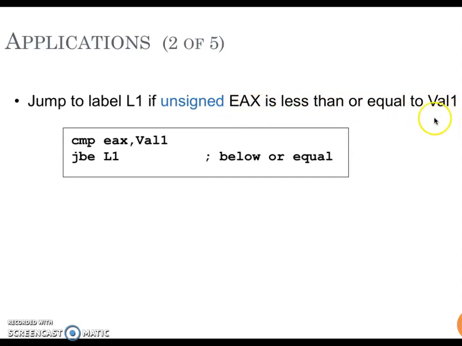If we want to jump, you will have JE for equal, and for less than or equal, the JBE, because it's for unsigned. For signed integers, we will do the JLE, because we do the less than for the signed.